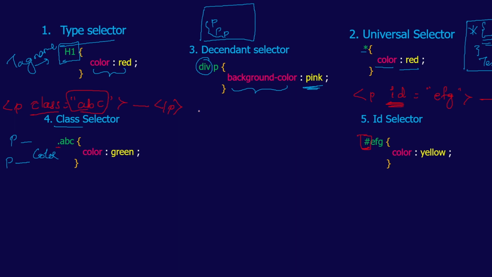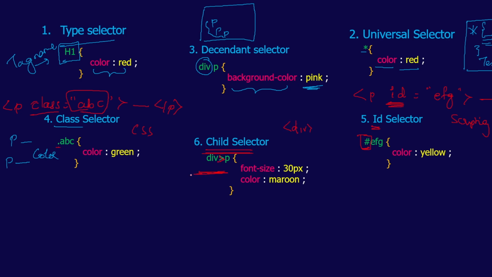Now hash means ID, dot means class. Classes are normally used in your CSS, whereas IDs are used for your scripting languages. Whenever you want to attach certain scripting to that particular element, you usually use IDs. But you can also use them for your CSS. It's not a mistake. And next you have the child selector, just like your descendant selector.